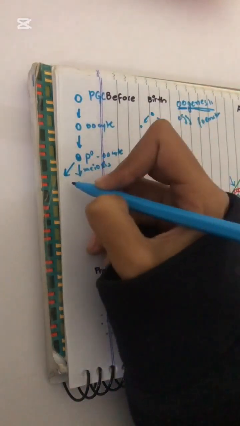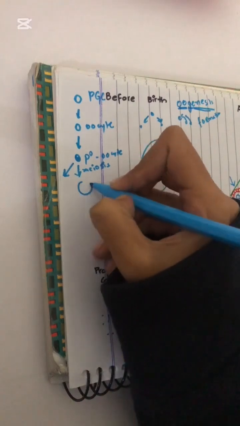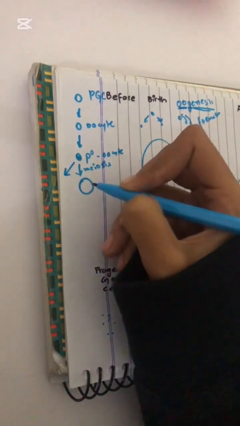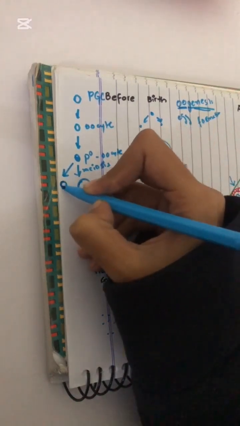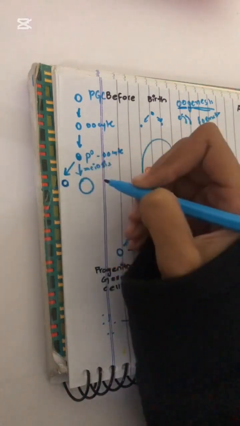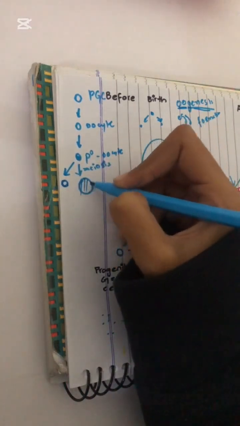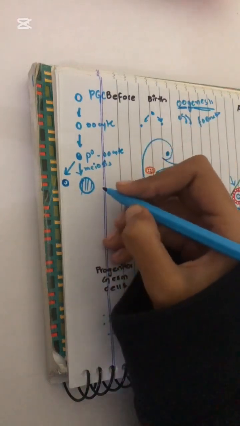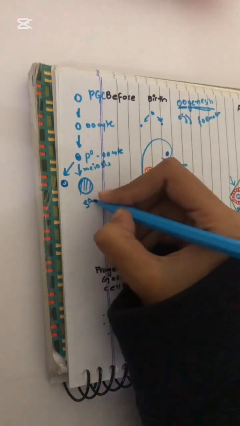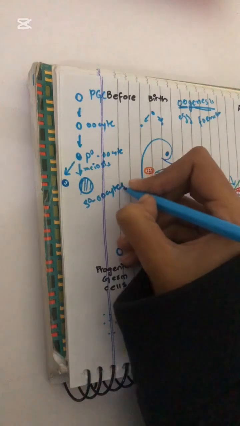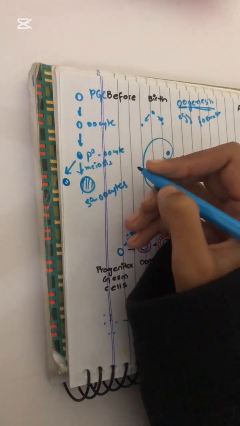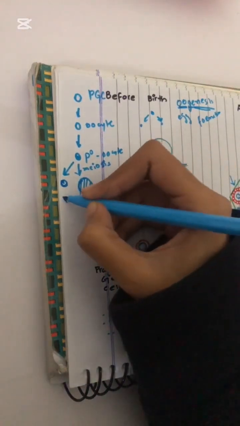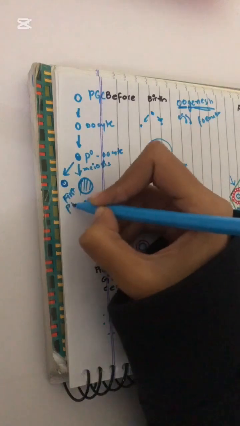When the primary oocyte divides into two cells, one cell gets all the cytoplasm and enlarges, and the other gets little cytoplasm. The chromosomes divide equally. The cell which contains all the cytoplasm is called the secondary oocyte, and the one which gets little cytoplasm is called the first polar body.